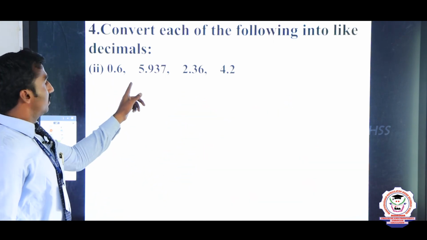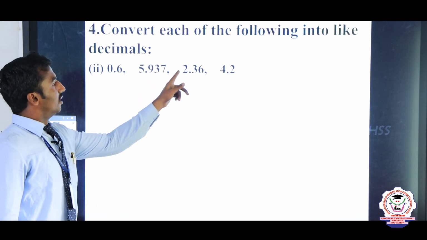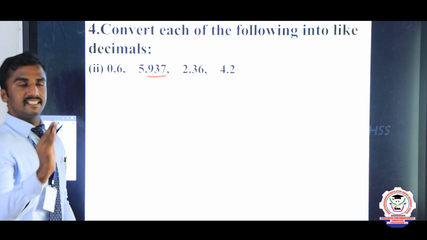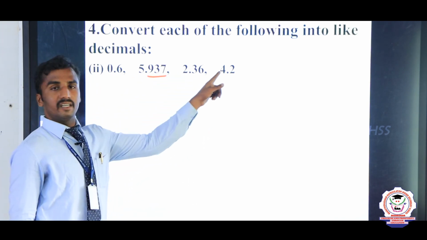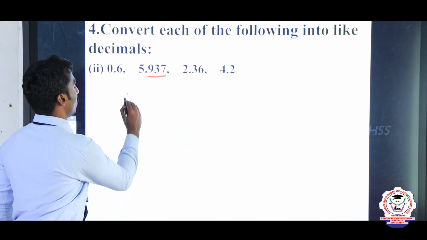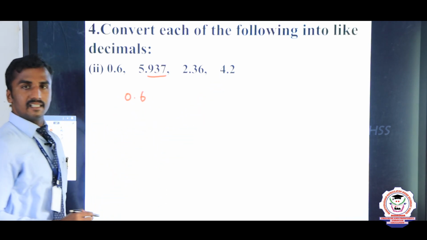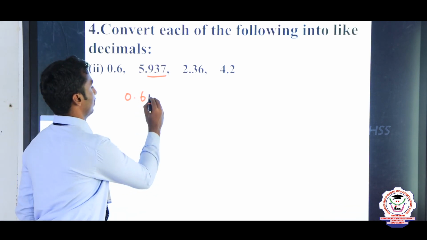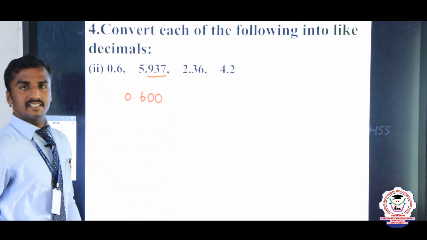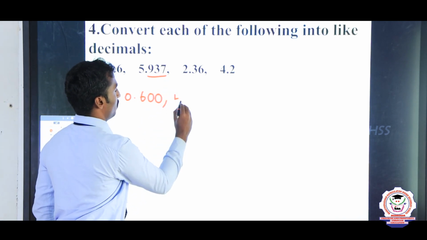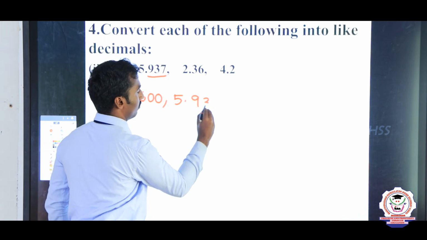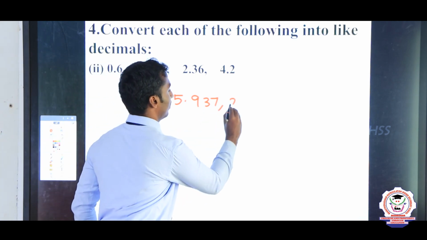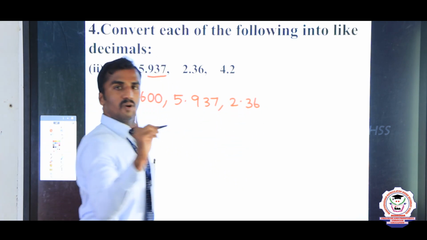So first one: 0.6, 5.937, 2.36, 4.2. Here highest 3 digits having. Here having only 1 digit, here 2, here also 1. So 0.6, next remaining 2 digits are 0. 5.937 same. Next 2.36, one more digit is 0.